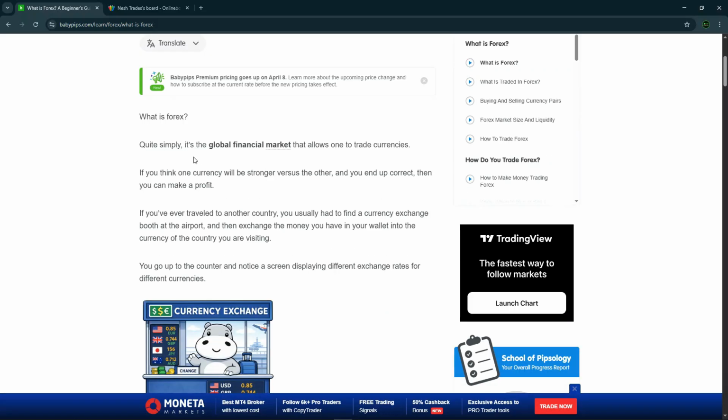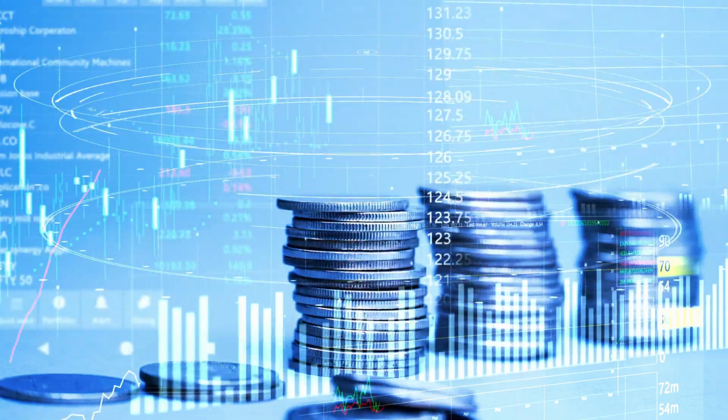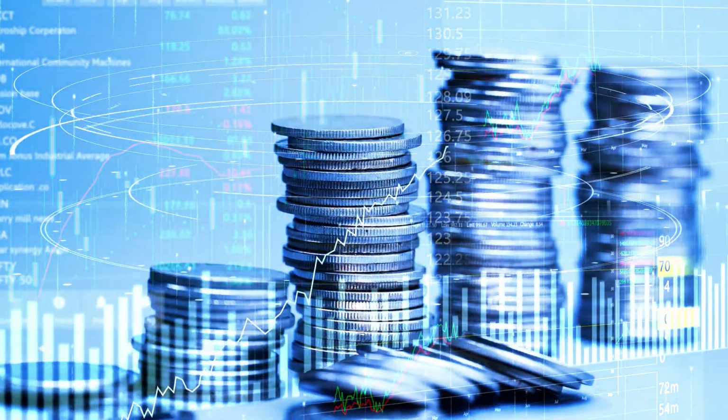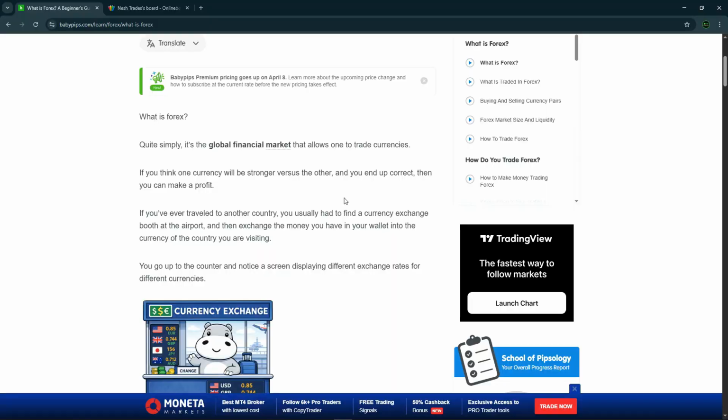So now putting it together, we have the global financial market, which is a worldwide place where people buy and sell money, not just in one country. So people from everywhere are trading at the same time.